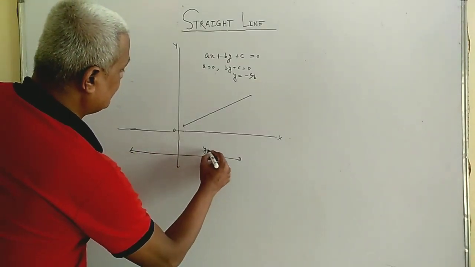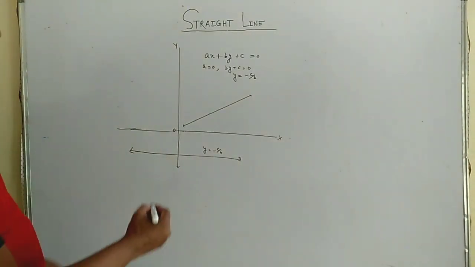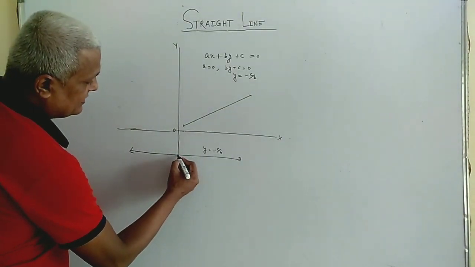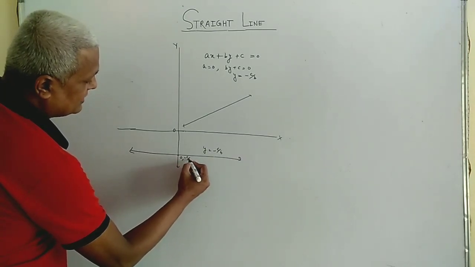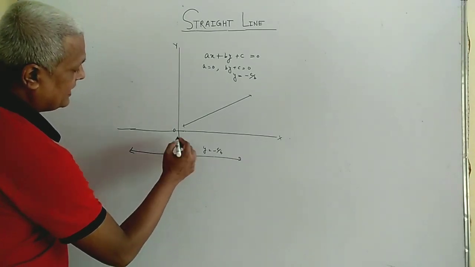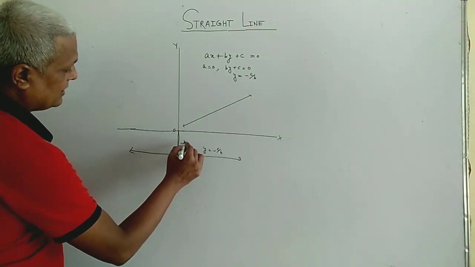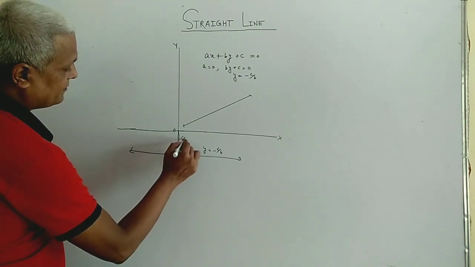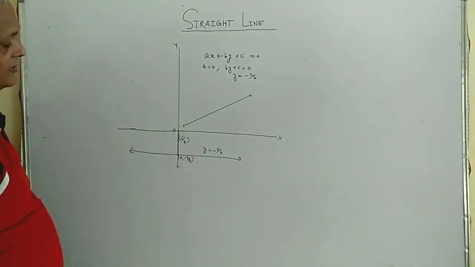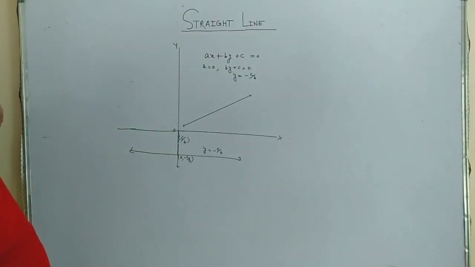So this is y equal to minus C over B, and this point will be 0 comma minus C by B, and the distance from here to here is minus C upon B. For distance, minus does not make any sense, so this is C upon B.